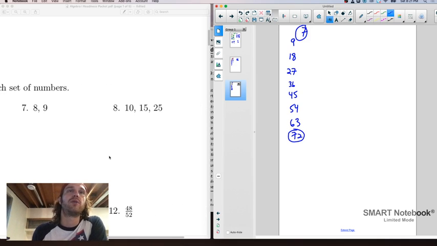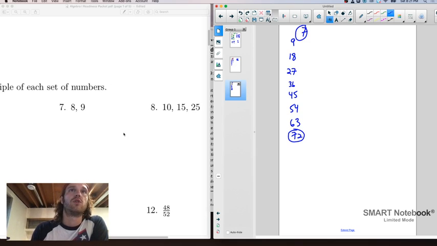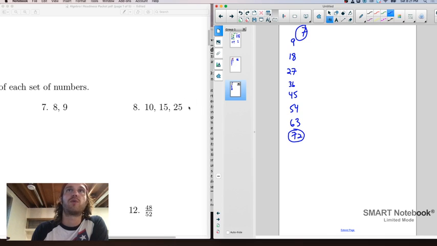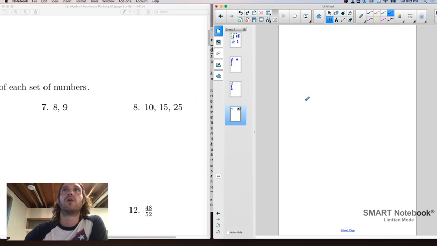Okay, how about this one. You always start with the bigger number because then you'll write a multiple. So we're going to start with 25, right? We got 10, 15, and 25. Let's write the multiples of 25, and the first one that we can divide by 15 and by 10 is going to be our LCM.